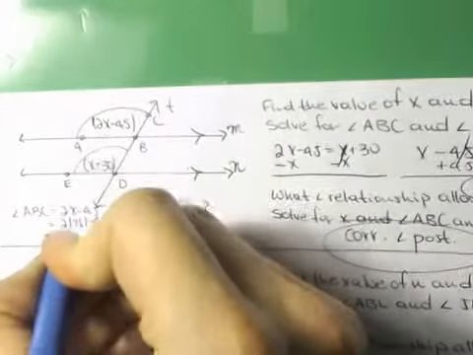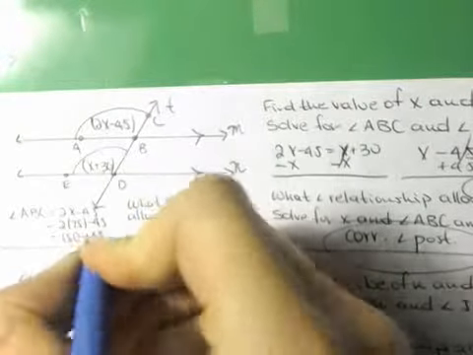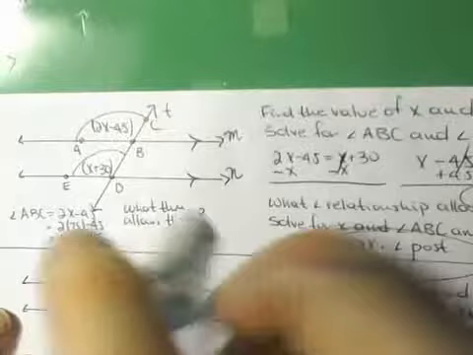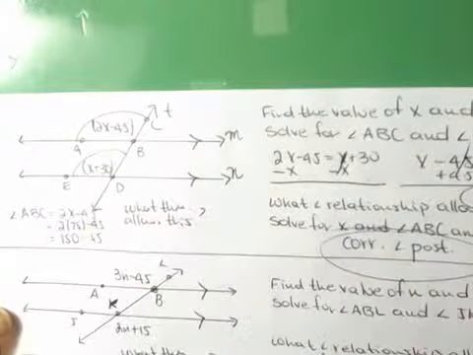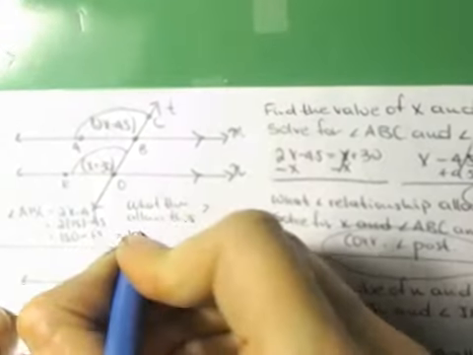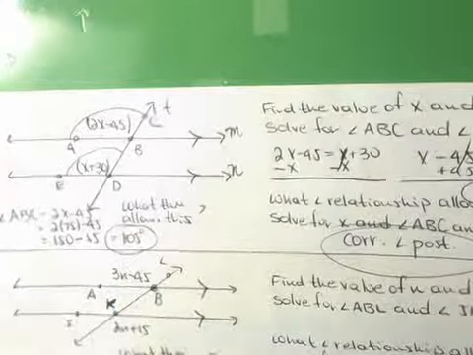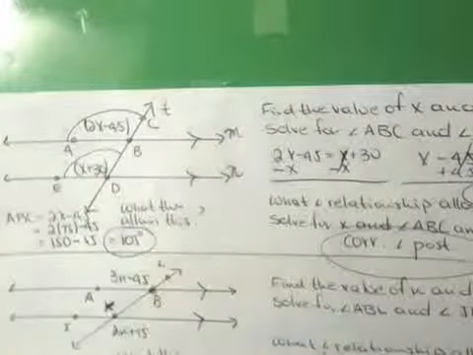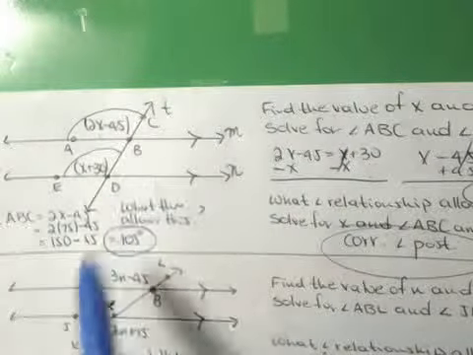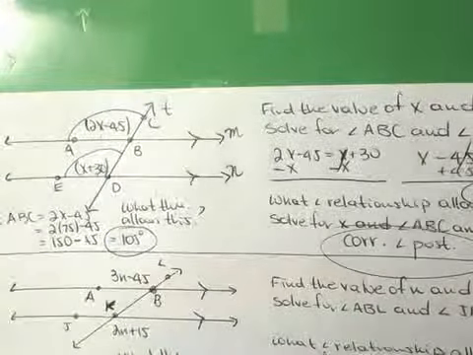This is going to be 75 times 2, 150, minus 45. And that's going to equal 105 degrees. Now if you plug it in here, you'll find that it will also equal 105 degrees. 75 plus 30 gives us 105. So that's how you can check that they're going to be equal.